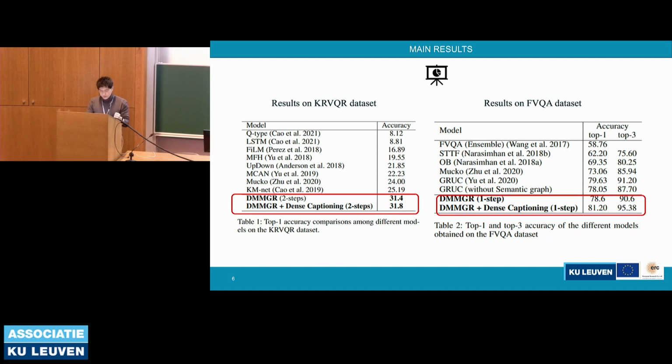We use dense captioning models to generate dense captions of the images, and once we have all the captions, we build a ConceptNet and integrate it into our model the same way we integrate the image graph. The result shows that integrating the dense captioning models can further improve our model's performance on both datasets.